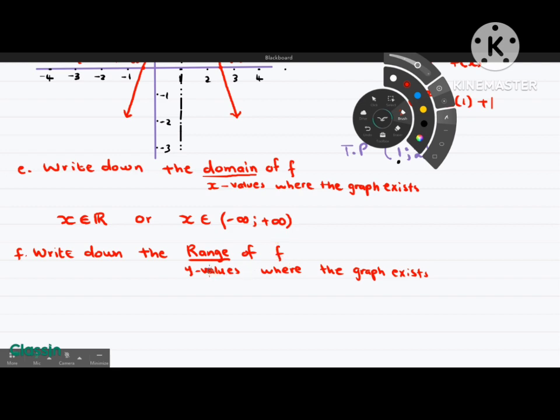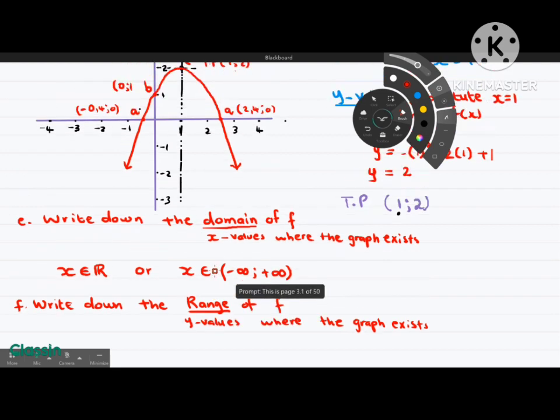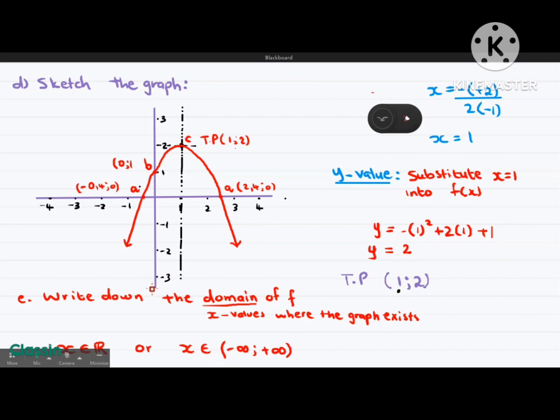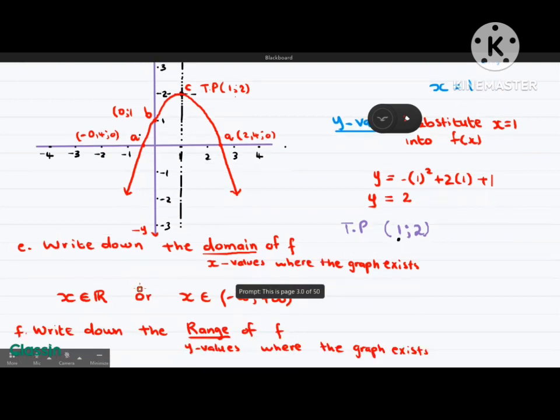So now, in a graph, always when you write a domain or a range, you start from the negative Y values. Negative Y, you start from this line going up. We move from negative going up.